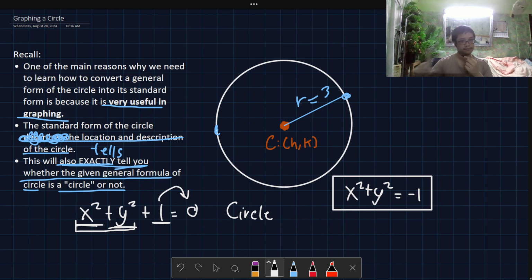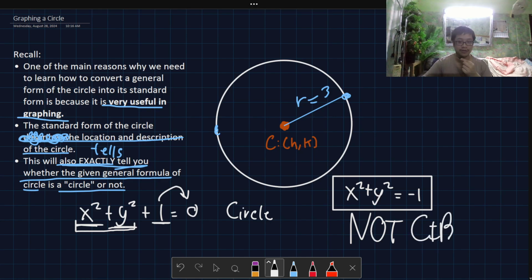Now, here's the thing. This is the standard form for x squared plus y squared plus 1. So, is it still a circle? You may be thinking, yes, because overall, you have a general formula, you convert it to standard form, it's a circle. But in reality, that is not a circle.